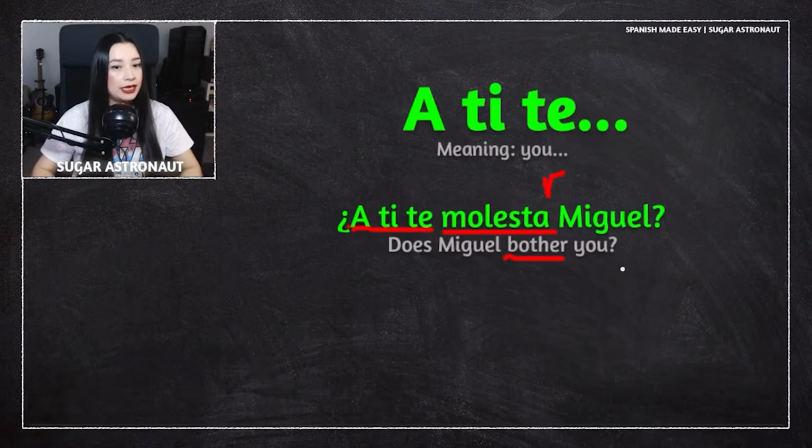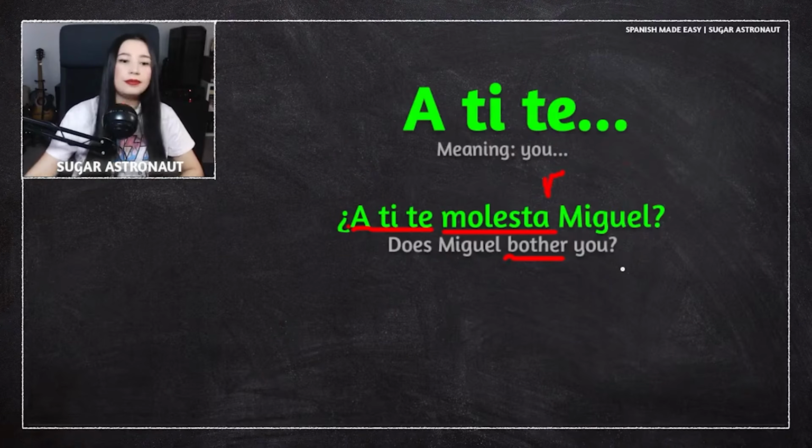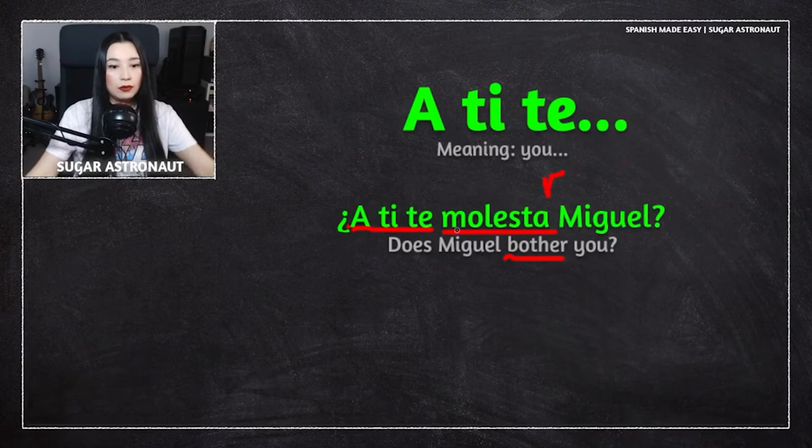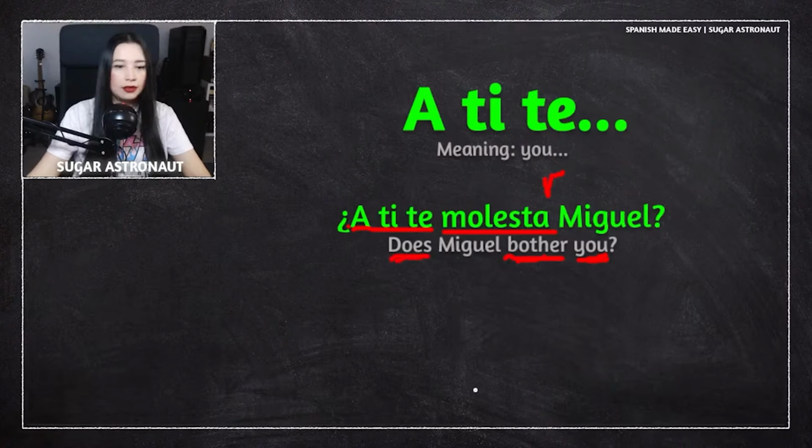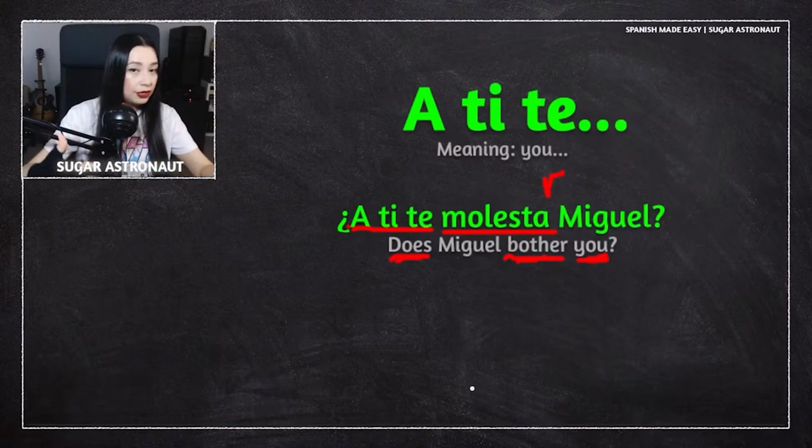And this is present tense. We're just talking about present tense here. So when you say a ti te, it's like you're saying you in this situation. Molesta, bother, okay? And because in English, when you ask questions, you have, is he bothering you?